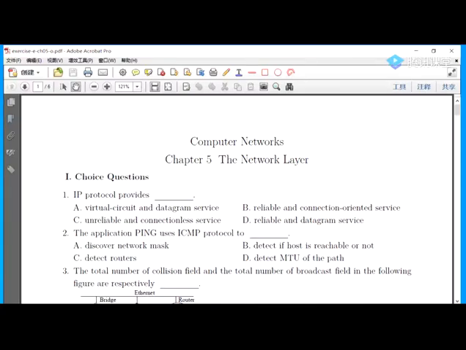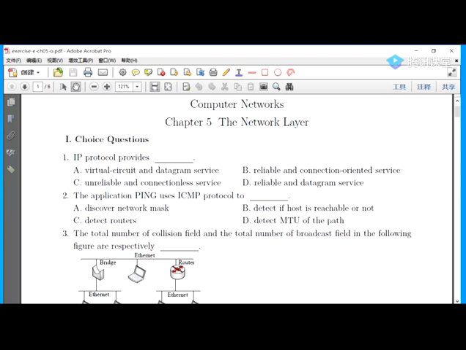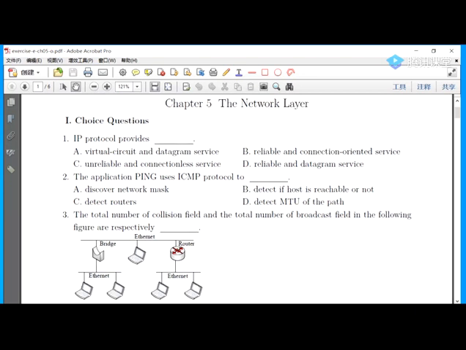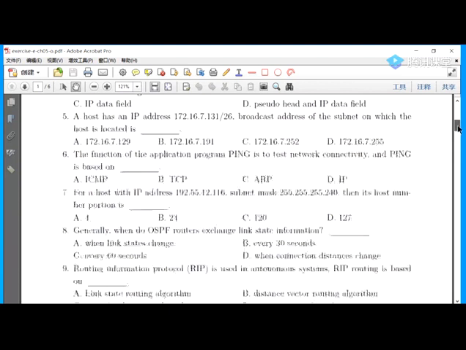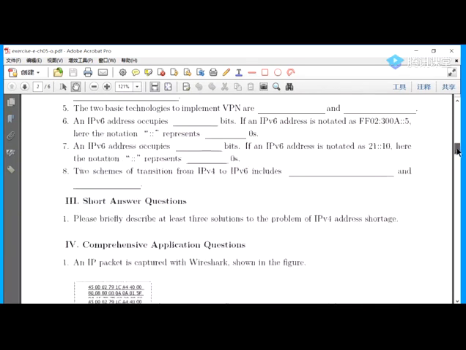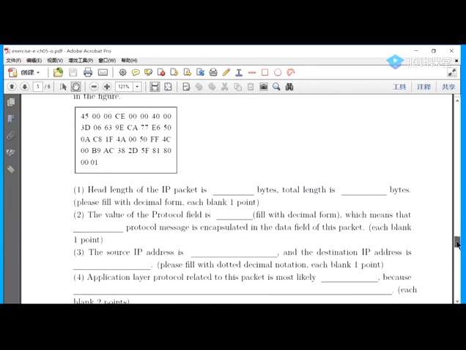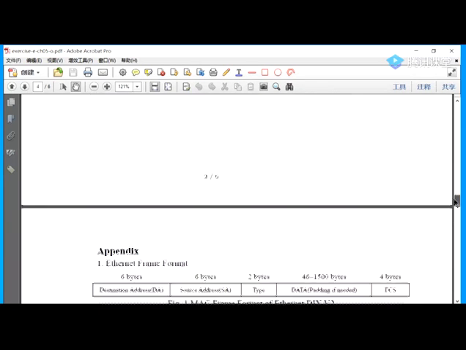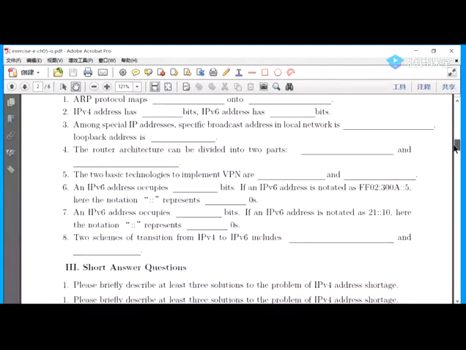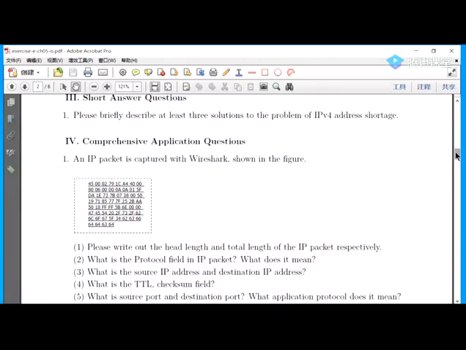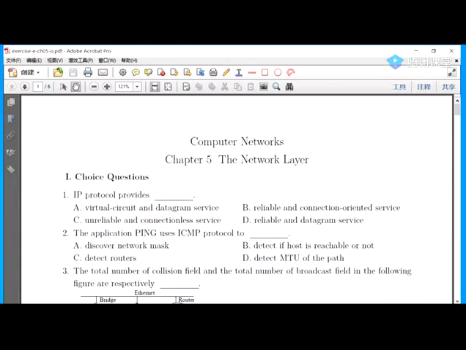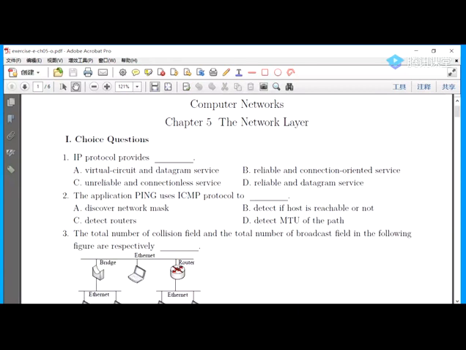Okay. Chapter 5 is about the network layer. I have these questions: choice questions, short answer questions, fill in the blank questions, and other comprehensive application questions. Many questions in this chapter.